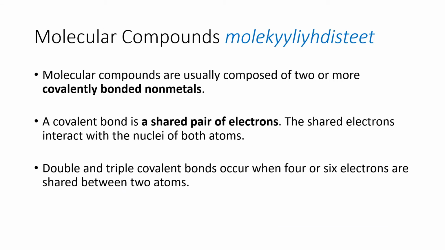A molecule, molekyyli, consists of a group of two or more atoms joined together by covalent bonds. Whereas ionic compounds are usually formed when a metal and non-metal combine, molecular compounds are usually formed by a combination of non-metals.